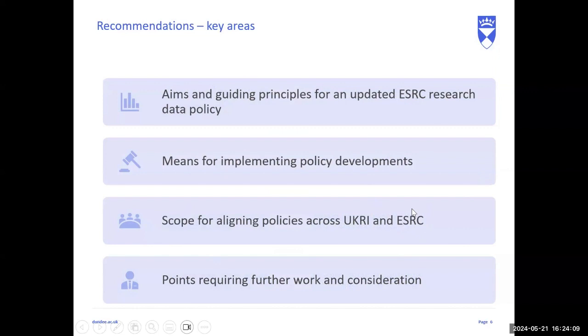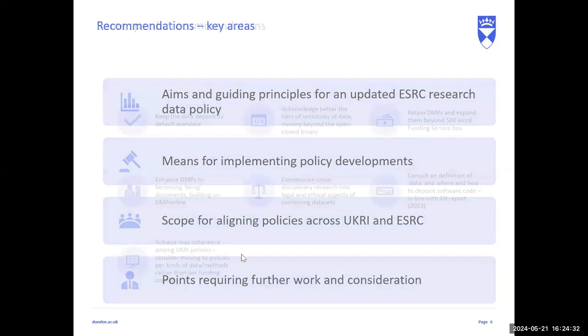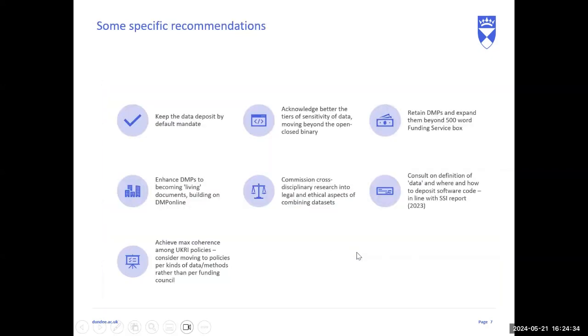Third, scope for alignment of policies across the ESRC and other UKRI councils, both in terms of the topic of research data, but also alignment with other policies such as around equality, diversity and inclusion and net zero, for example. And we conclude with some points which we consider require further work and consideration by the ESRC.